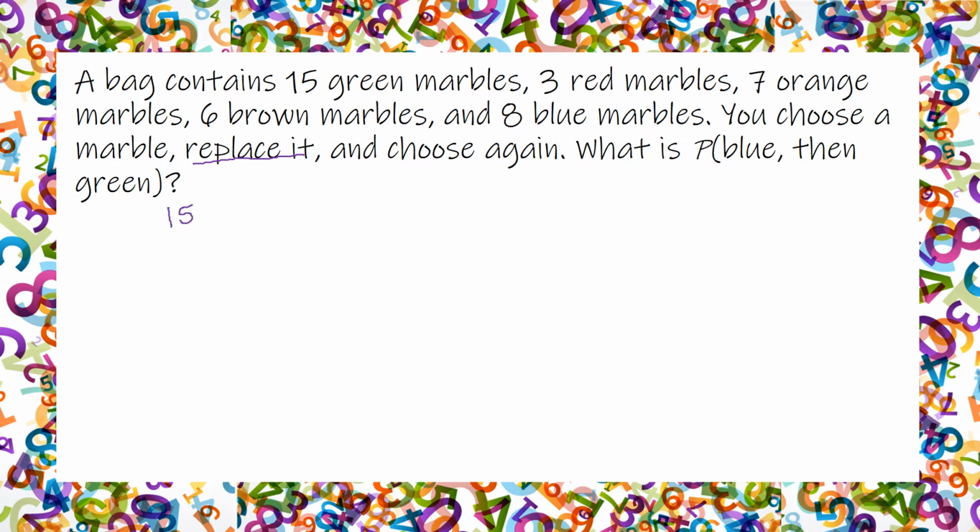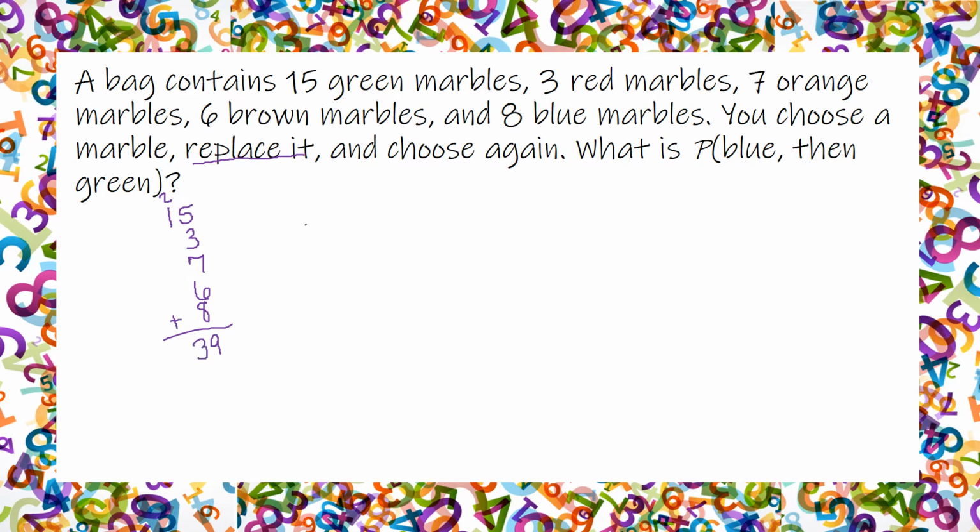We have 15 green, 3 red, 7 orange, 6 brown, and 8 blue. So I'm going to add these up. 5 plus 3 is 8, plus 7 is 15, plus 6 is 21, plus 8 is 29. So I'm carrying that 2. And I do get 39 there.